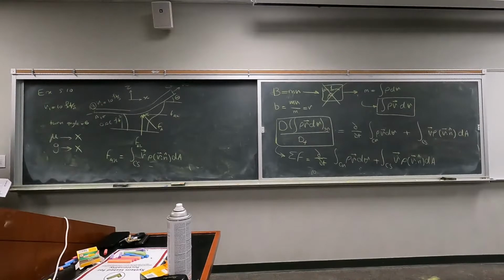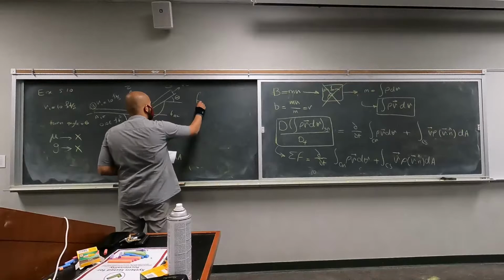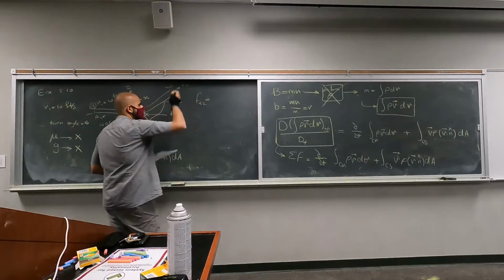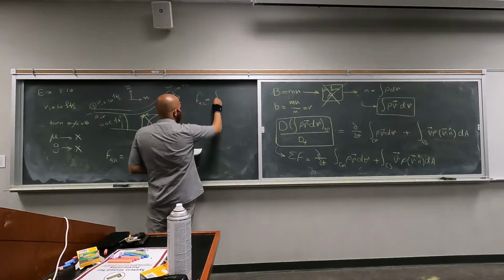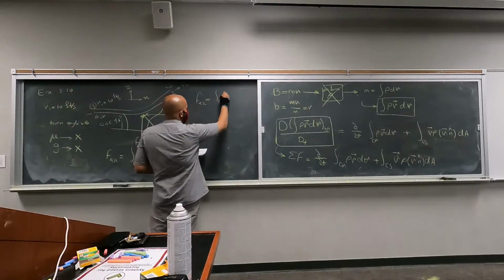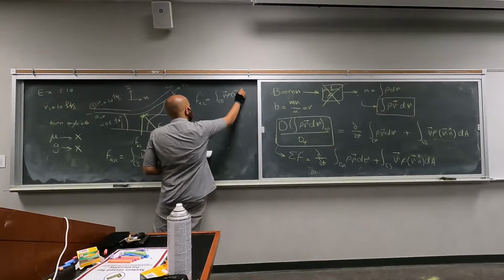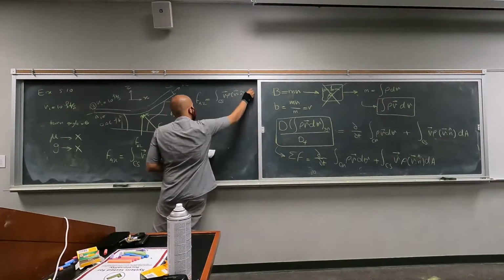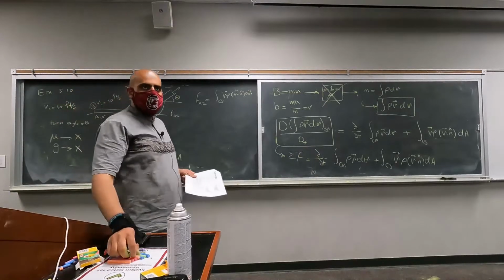We can write the same equation for the z direction. But the only force in each direction is Fax and Faz, so sigma F will be just one force. Integral of V rho Vn dA. Are there any questions so far?